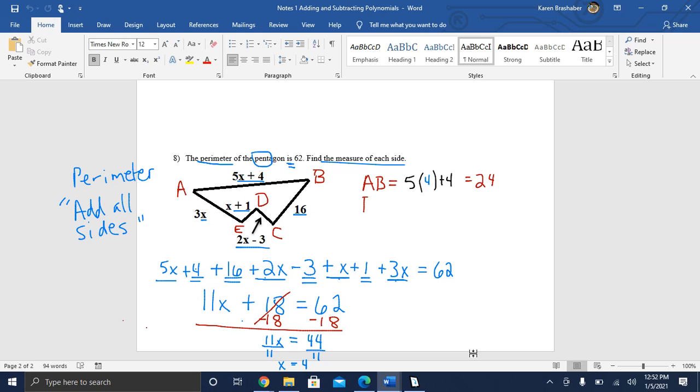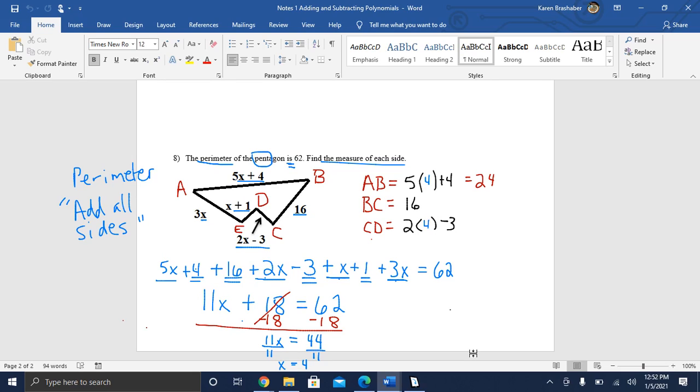Then we'll do side BC. Side BC said it was 16, so there's no work to do there. That side was 16. Side CD is equal to 2x minus 3. So the x that we found was a 4.